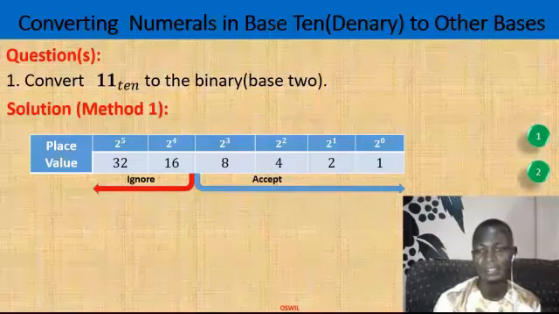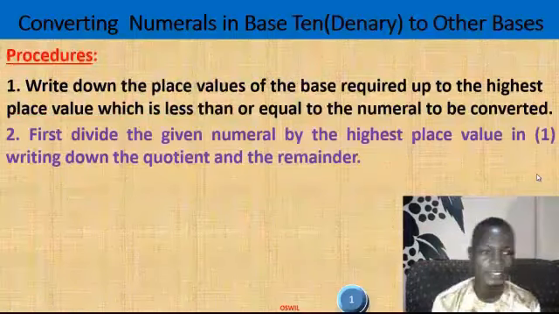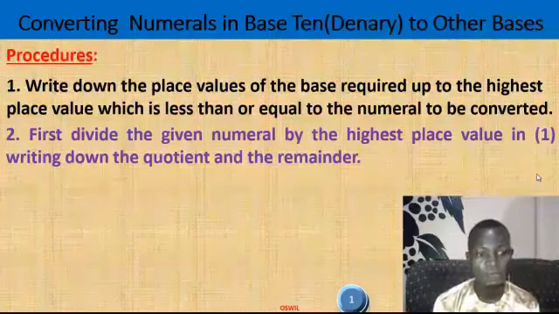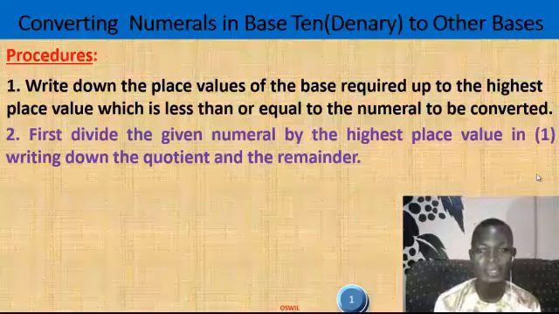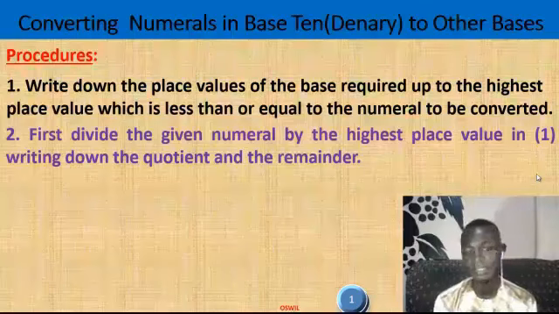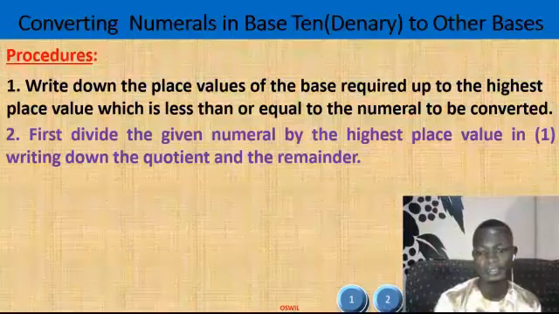Now let's see the second thing to do. Our second step is to divide the given numeral, which in this case is 11 base 10, by the highest place value in point number 1, writing down the quotient and the remainder. So let's see what to do.